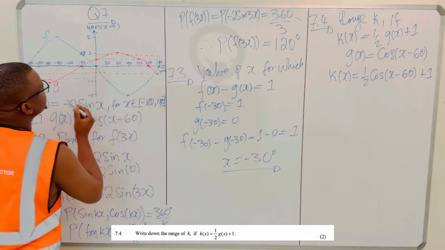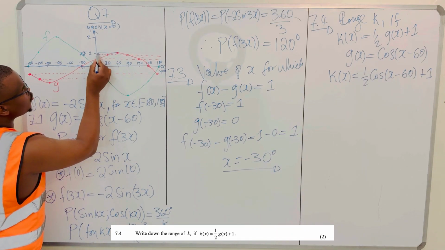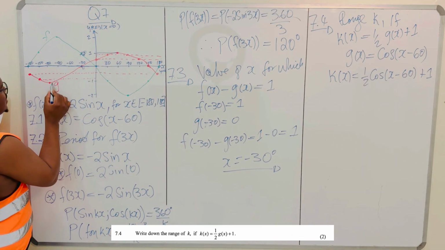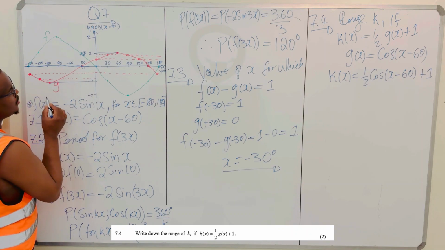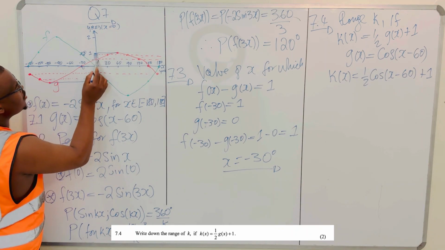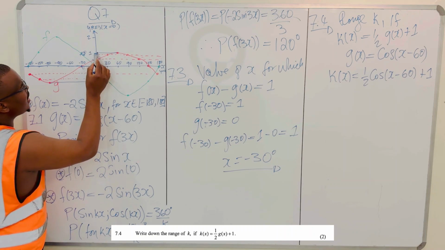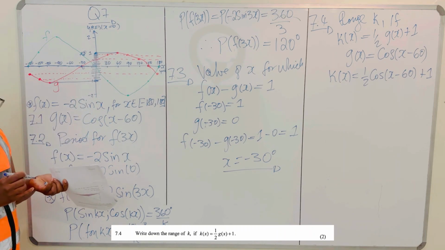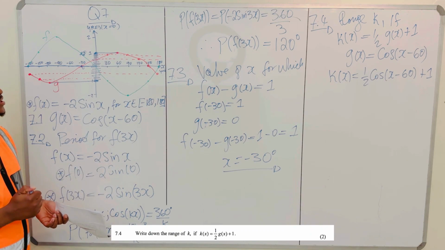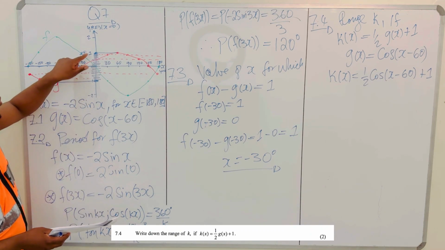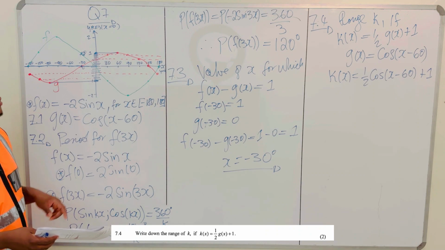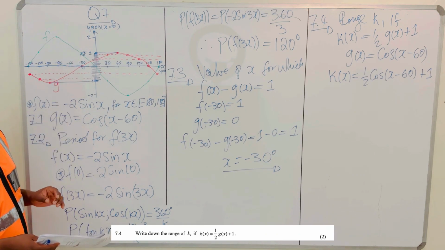If you look at it, its maximum value is 1, and its minimum value is minus 1. So this function is allowed to use the values between minus 1 and 1. So from minus 1 to 1, it's allowed to use those y values. So this is the range of this function.